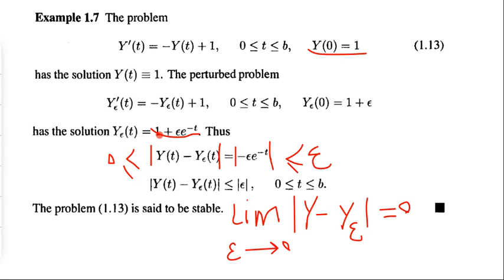But in the second example, small changes in the initial condition result in small changes in our solution. So our problem is well conditioned.